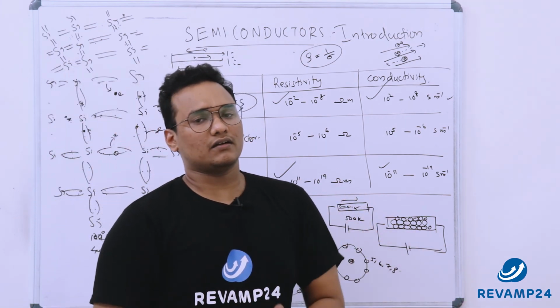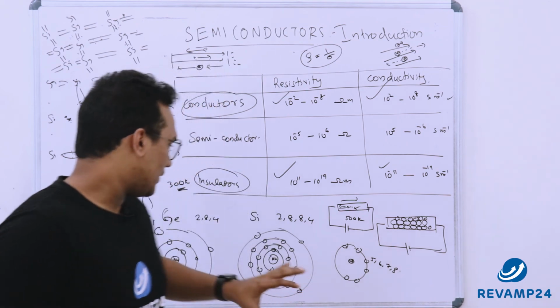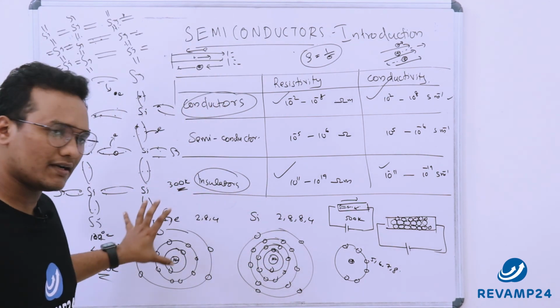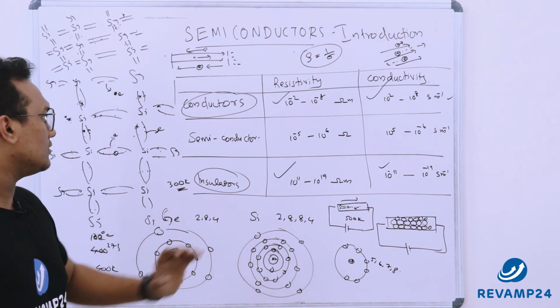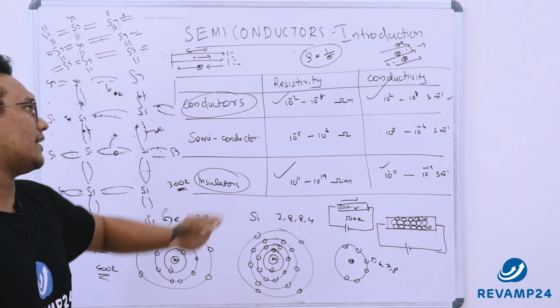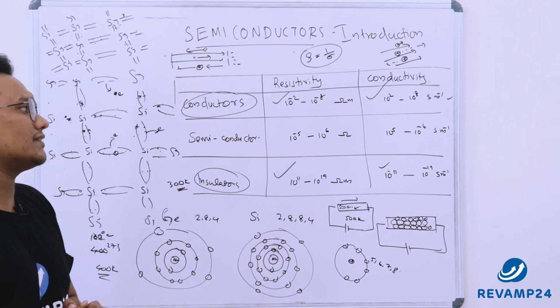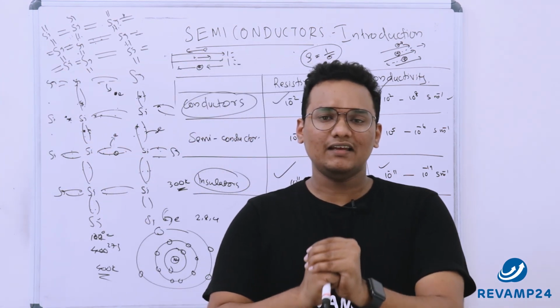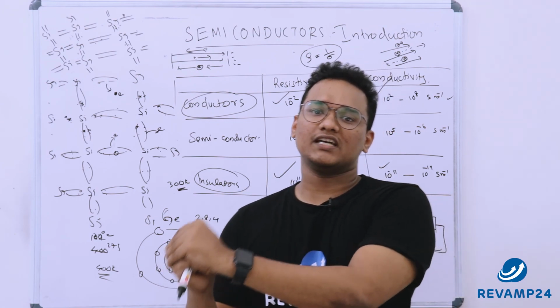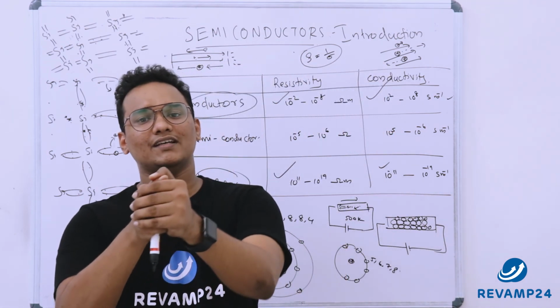These are inorganic semiconductors. But in the case of elements, I have told you the reason how they behave as semiconductors, and their resistivity and conductivity are in between. With respect to temperature, they change: when temperature changes, their resistivity and conductivity change.